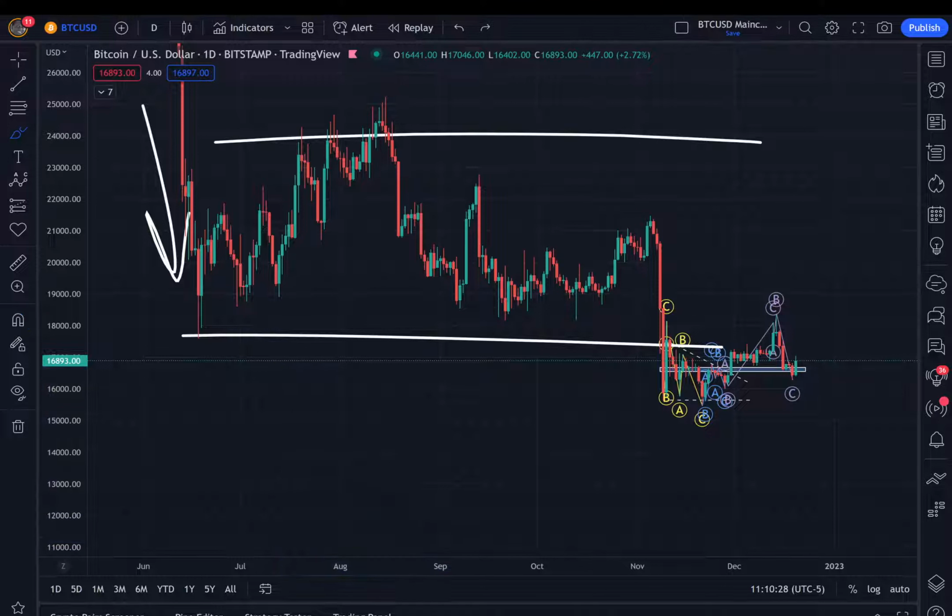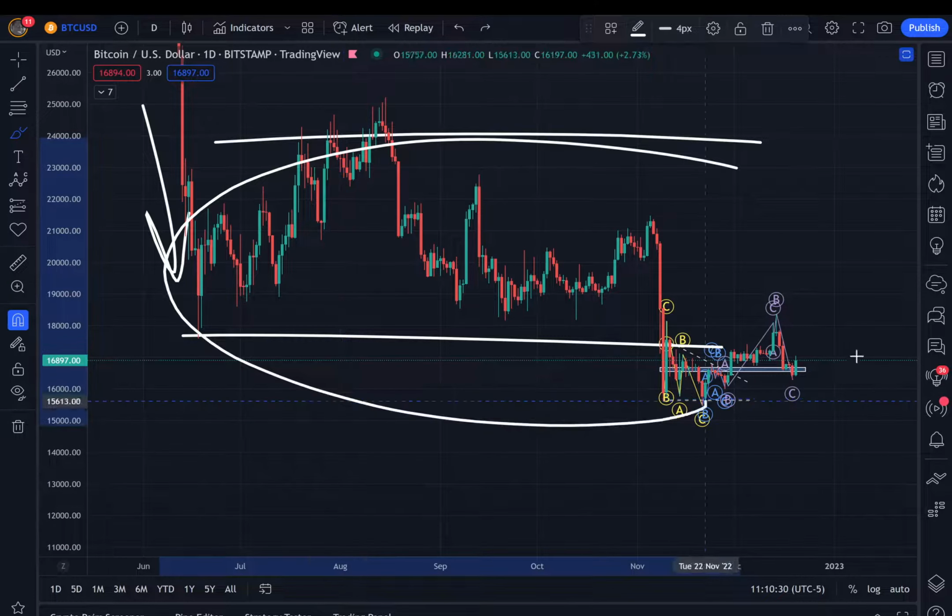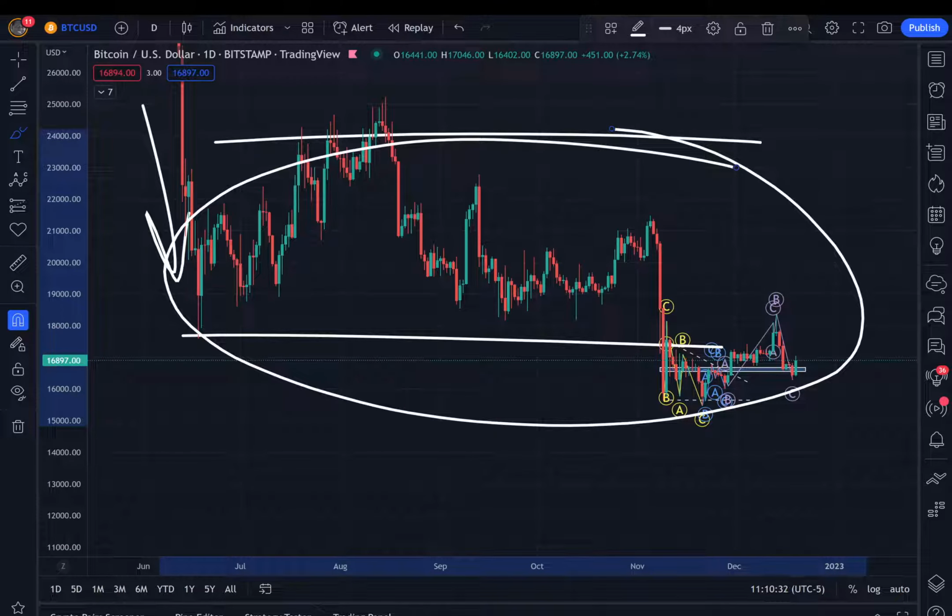Any good, honest analysis will have you know we've been in accumulation. We've been in, well, at least sideways, okay? Let's not characterize it. Let's just say any honest analysis will say Bitcoin and most of crypto has been sideways in channels for the past 200 or so days, okay?